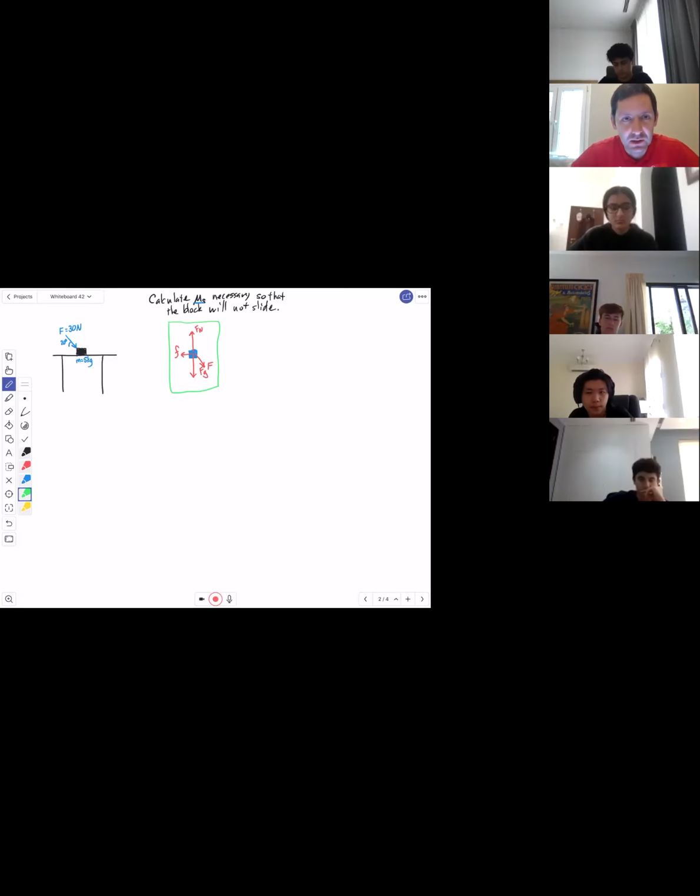We learned about vectors, right? This force vector right here, the one of me pushing down on the block, it's not straight up and down. It has a component, or a piece, that is in the horizontal direction. A part of that force is horizontal.